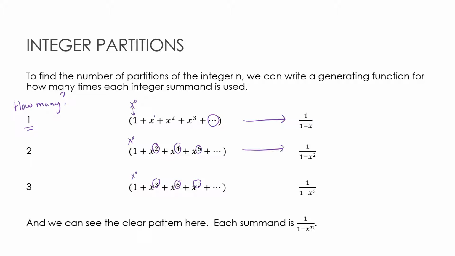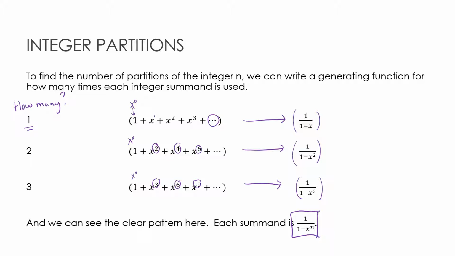Looking back at how we then wrote each of these generating functions, this would be 1 over 1 minus x. That was just that fundamental identity from section 9.1. If it was going by 2's, it was 1 over 1 minus x squared, 1 over 1 minus x to the third, etc. And you can see that it would be essentially all the way up to 1 over 1 minus x to the n.